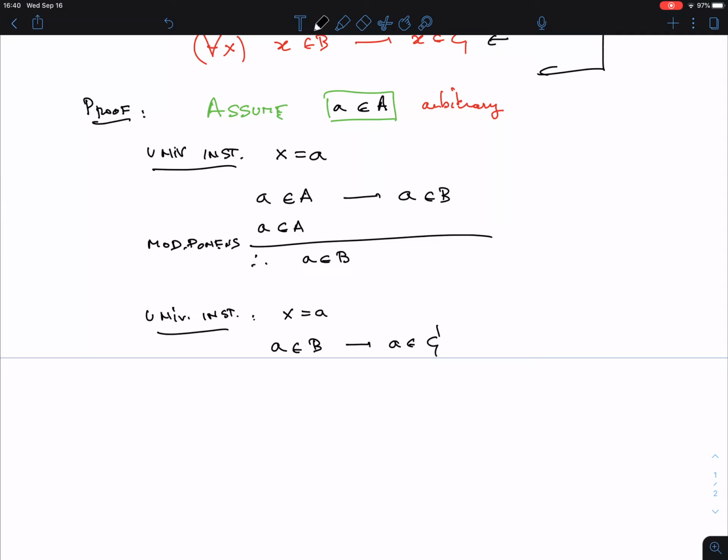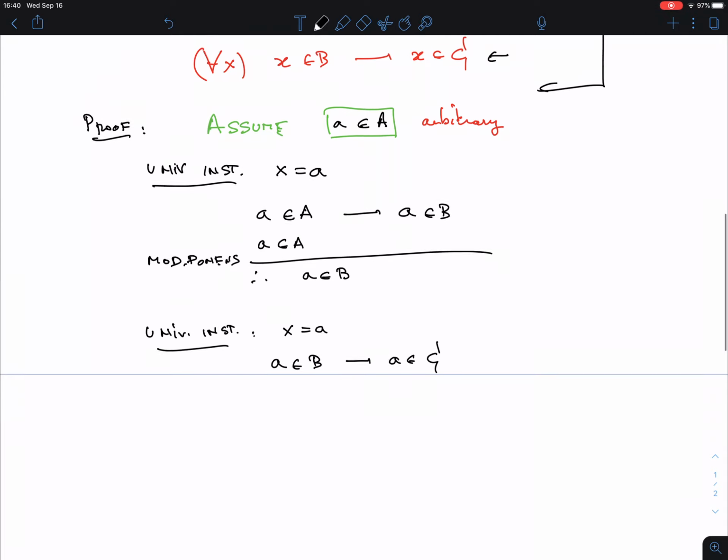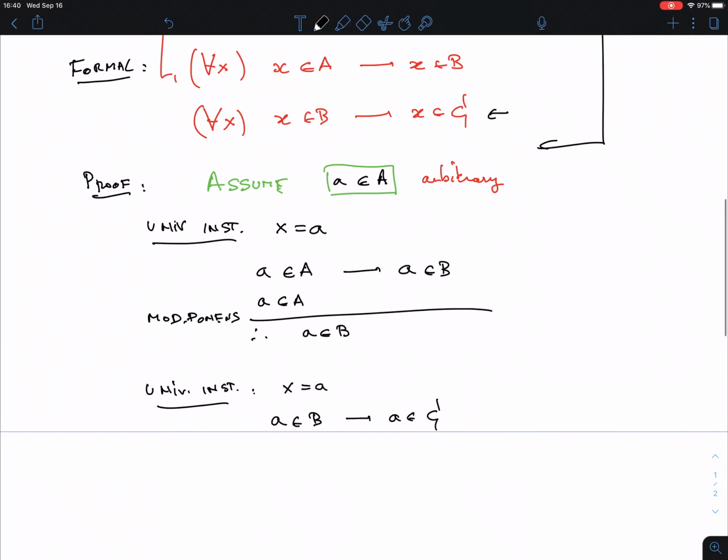The reason it looked like they were different elements is because we didn't universally quantify. But if we do everything really formally, then we see that what we're doing is very kosher. We just take this universal instantiation in the second statement, not to the B that we originally had, but to the same a that I've been working with from the beginning.